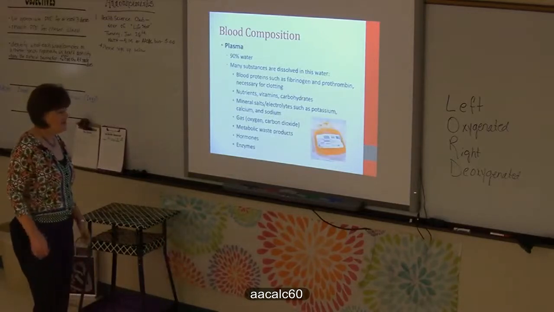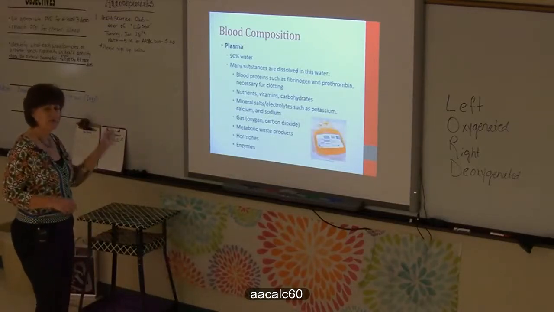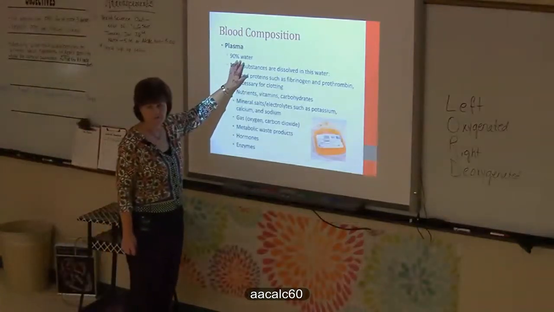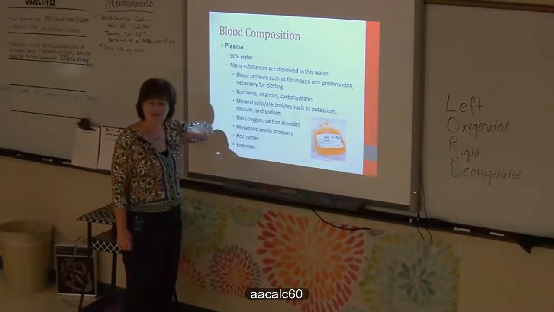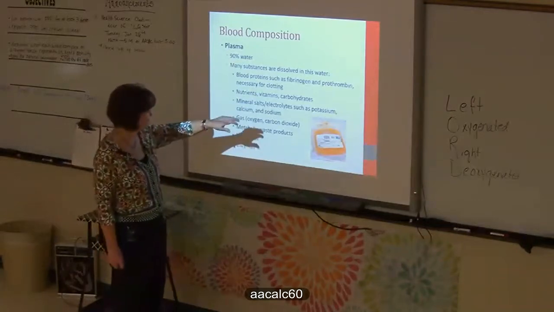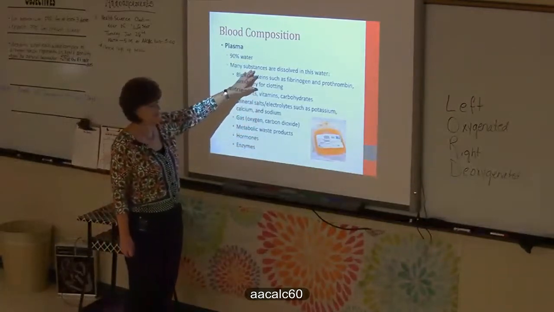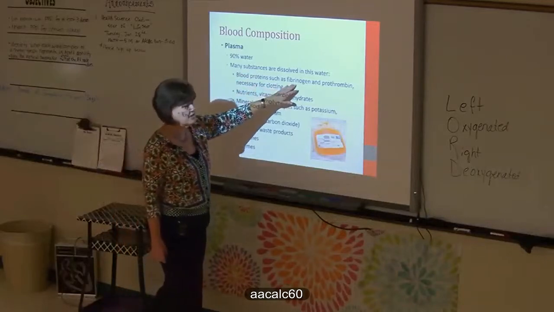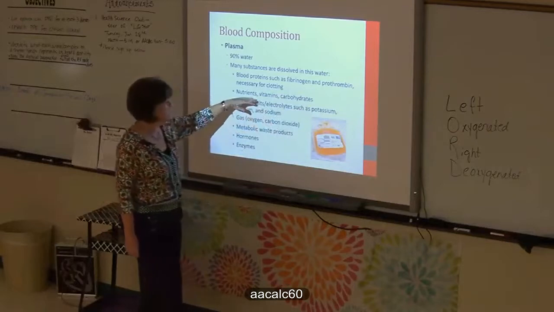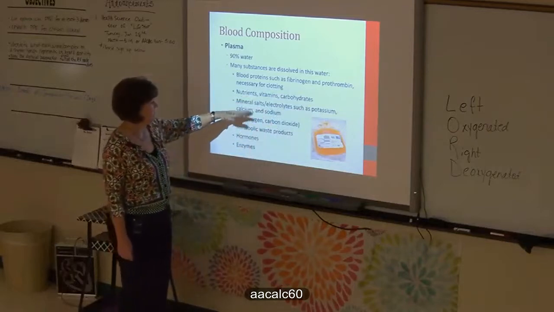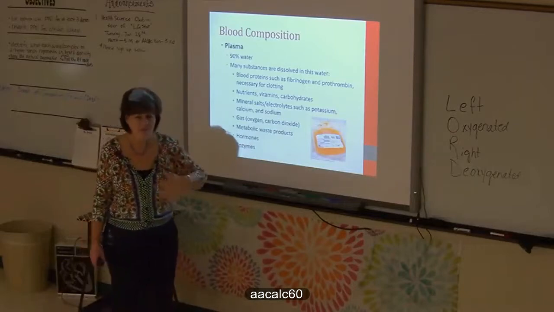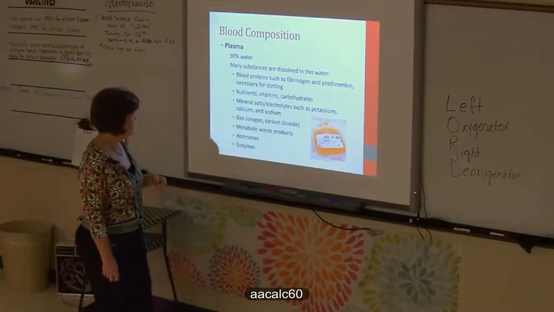Now, it has some cells, and it has what we call plasma. So plasma is 90% water. Okay, it is the liquid portion of blood. And it carries lots of things. Lots of things are dissolved in it. Blood proteins, such as your clotting factors, fibrinogen and prothrombin, nutrients, vitamins, and carbohydrates, minerals and electrolytes like potassium, calcium, sodium, all those things that our body needs to function.